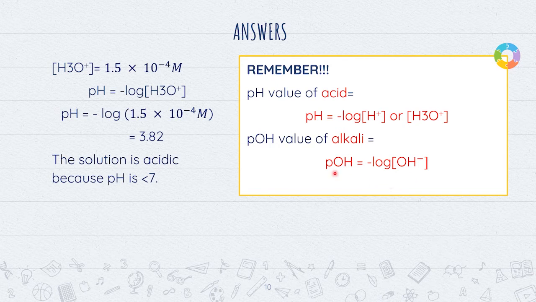And if the question does not give the concentration of hydrogen ion or hydroxide ion, and only gives the value of pH or pOH, we can use the formula pH equals 14 minus pOH.